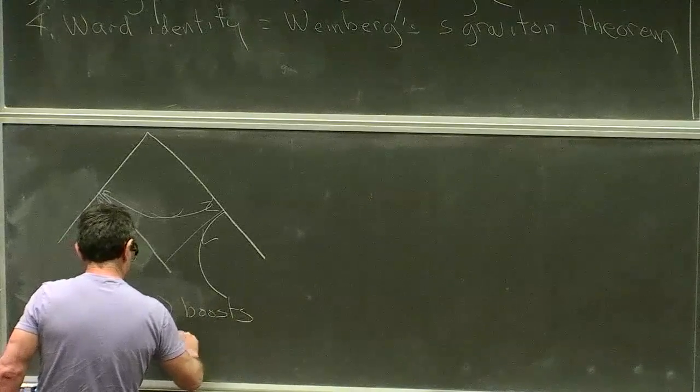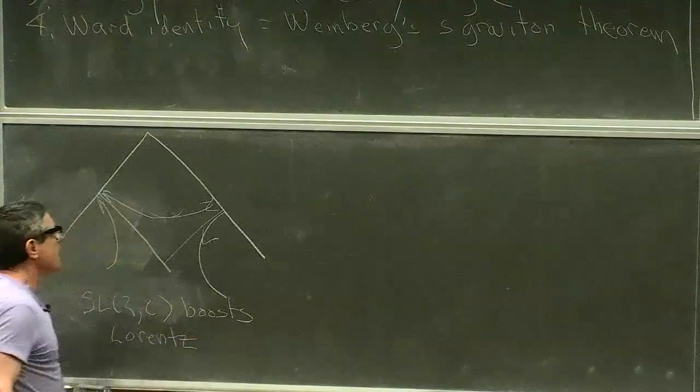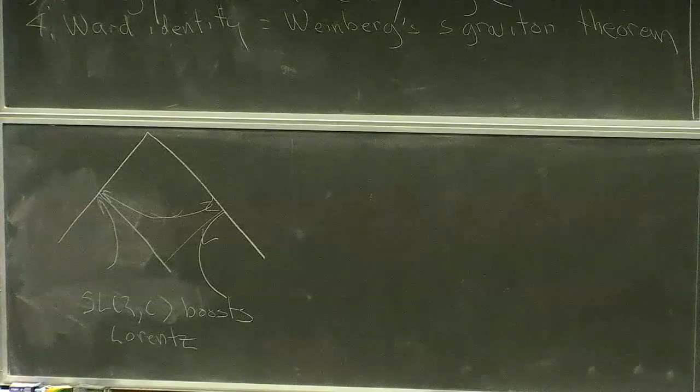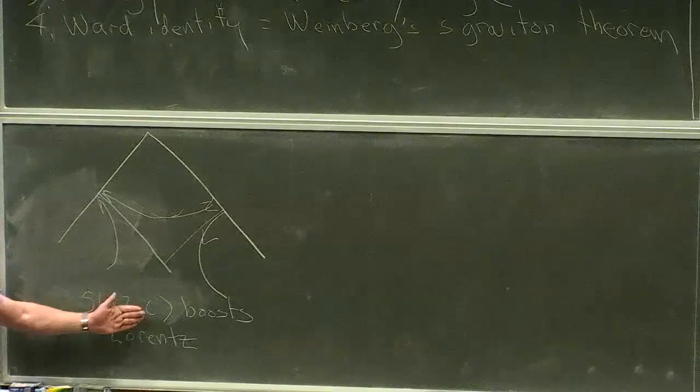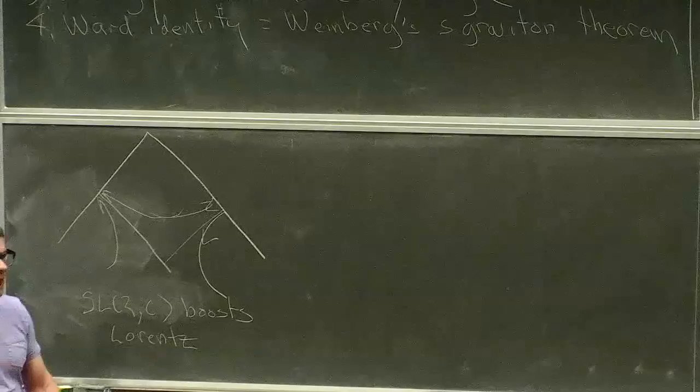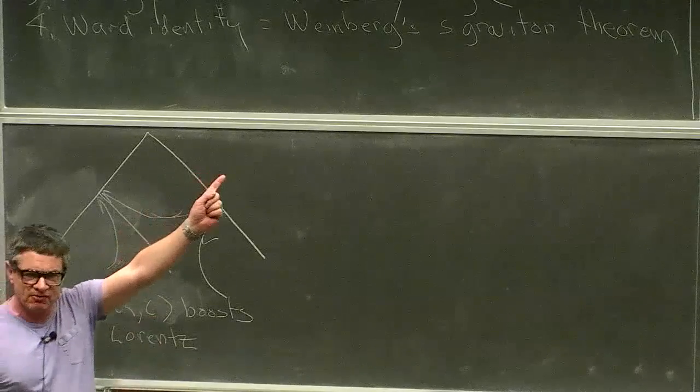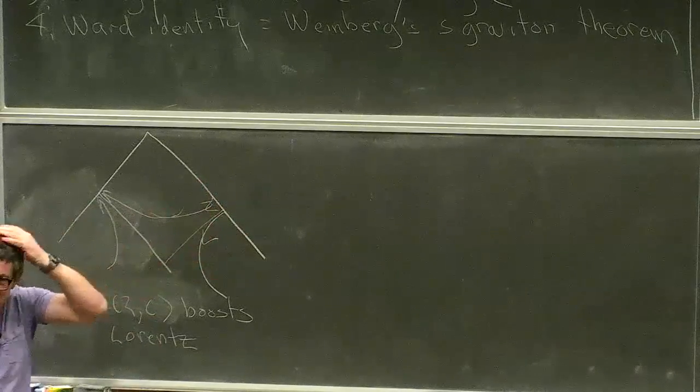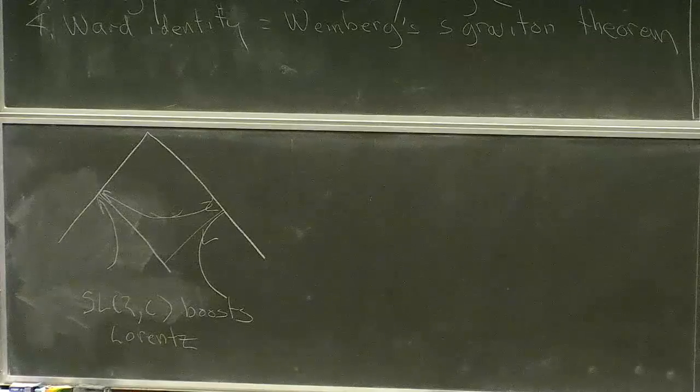Now, by the way, SL2C, of course, is SO(3,1), the Lorentz group. And this sphere at infinity is a conformal sphere. And SL2C is, of course, the global conformal group of the sphere.